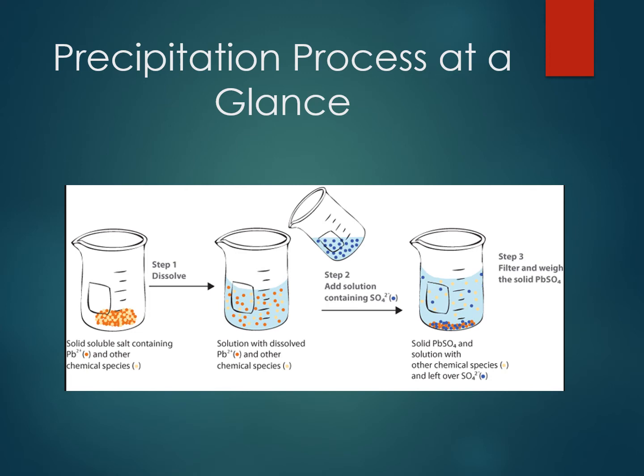As you can see in the picture, soluble salts containing Pb2+ and other chemical species are dissolved in the solution. Then we add the solution which contains SO4 2- ions, thereby resulting in the formation of precipitates like PbSO4.